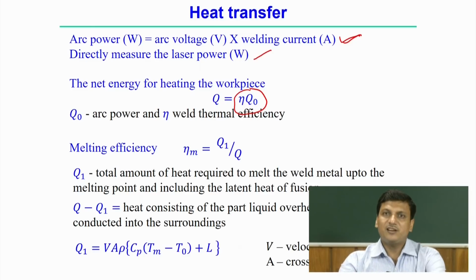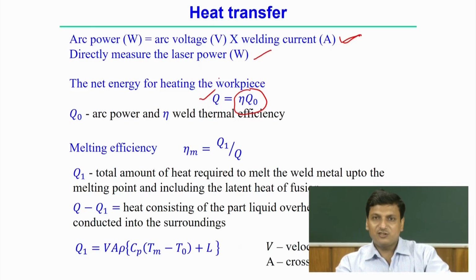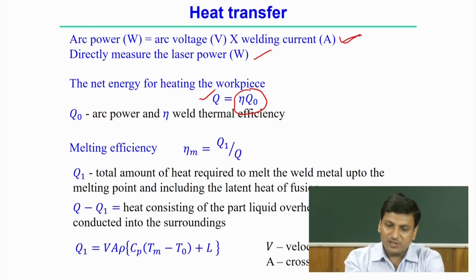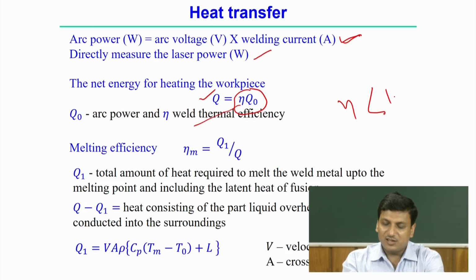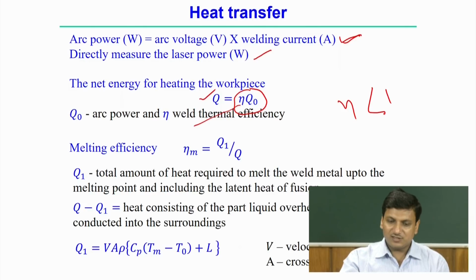If we take that into account, then Q is the amount of energy that actually goes to the workpiece, the material. We use this efficiency term such that efficiency is less than 1, so less energy goes in.